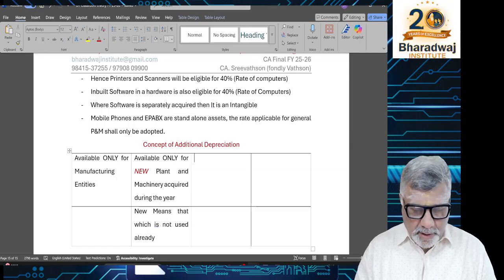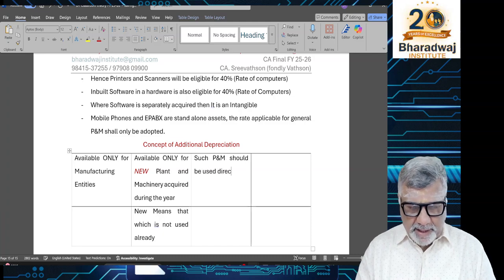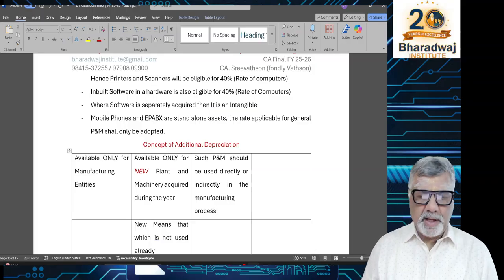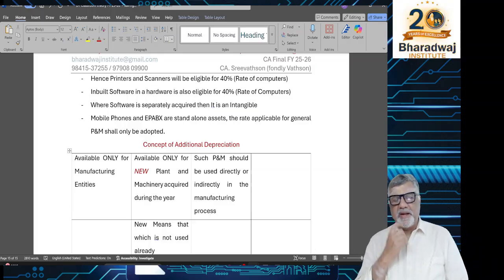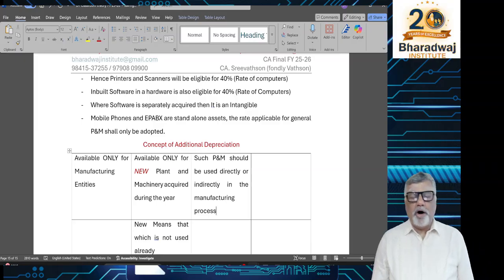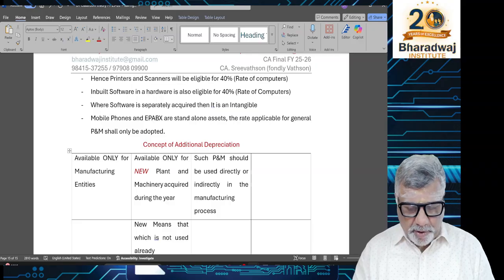Such plant and machinery should be used directly or indirectly in the manufacturing process.